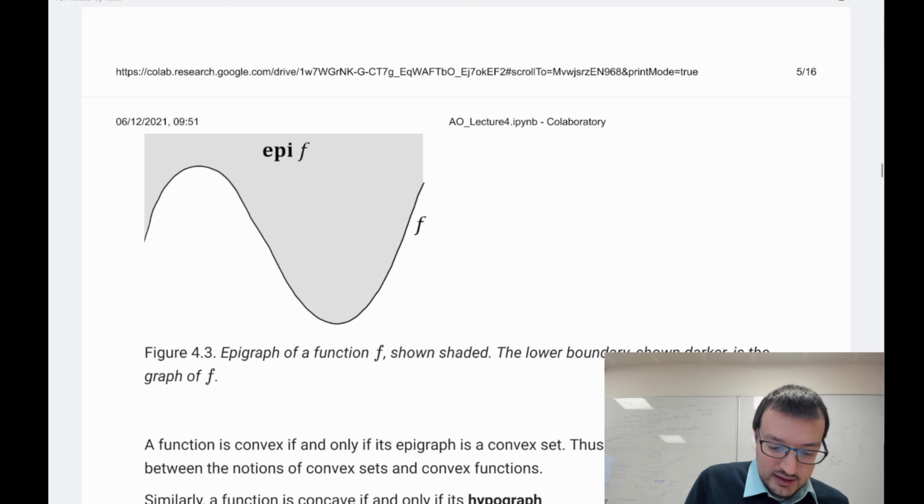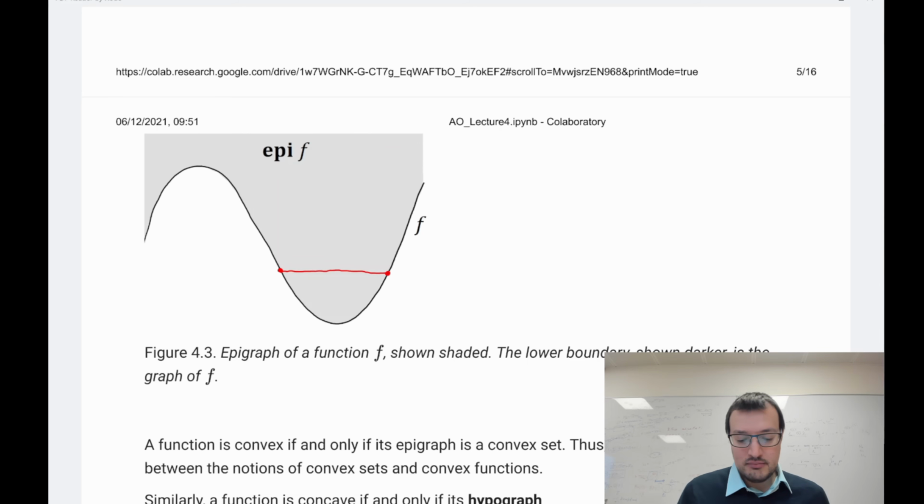We see that, for instance, if we take 2 points of the function and we trace the chord, locally this part obeys the convexity rule of a function, because the function is below the chord associated to these 2 points, and it also respects the definition of convexity of a set, because the chord lies inside the set.